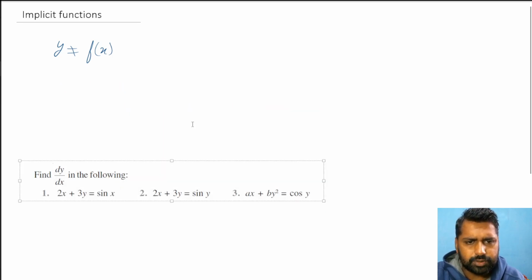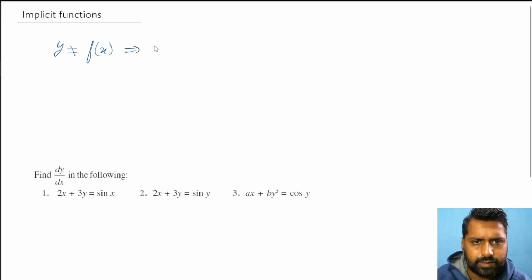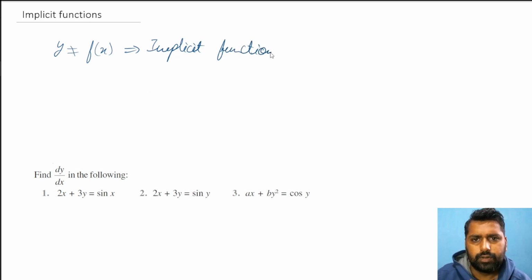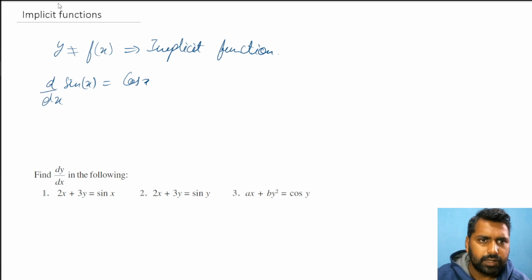Before starting the question, let me give you one brief idea. So these are implicit functions. The idea is, remember the chain rule. Suppose d by dx of sine x, that is cos x, because we are differentiating sine x with respect to x.